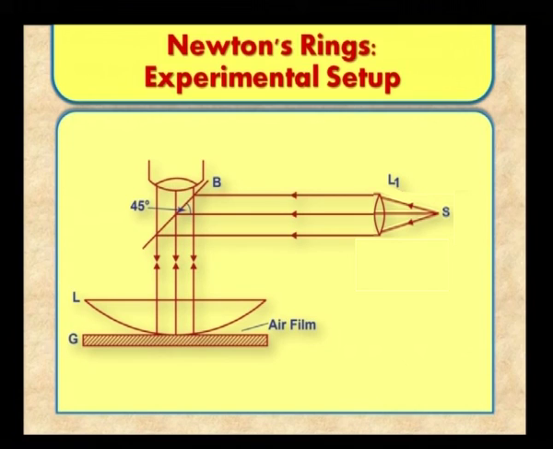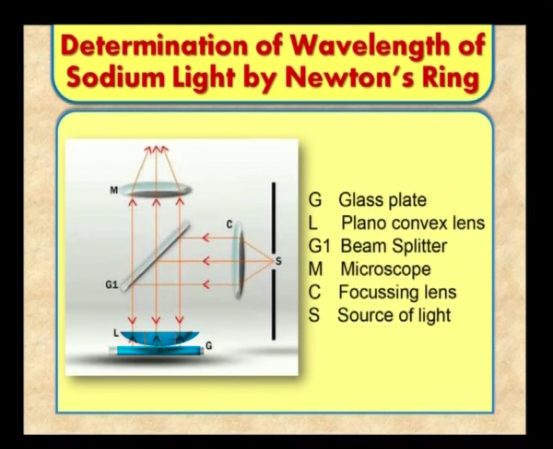Let us see what Newton's rings are and how they look. This is the experimental setup, and now we have to describe in detail the glass plate and the plano convex lens you find here. The lens is placed on the glass plate G, and G1 is the beam splitter.